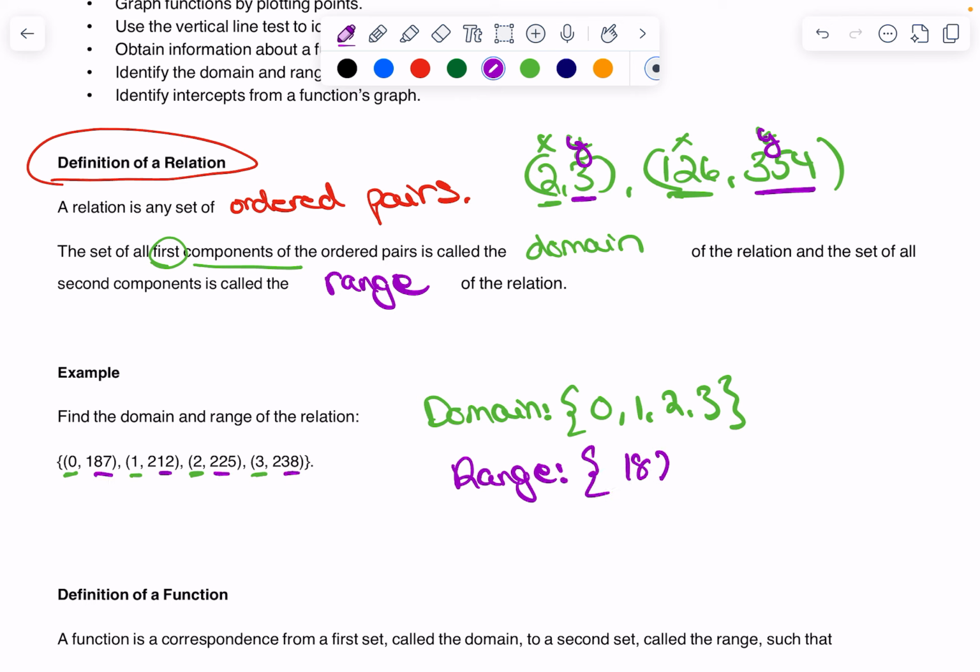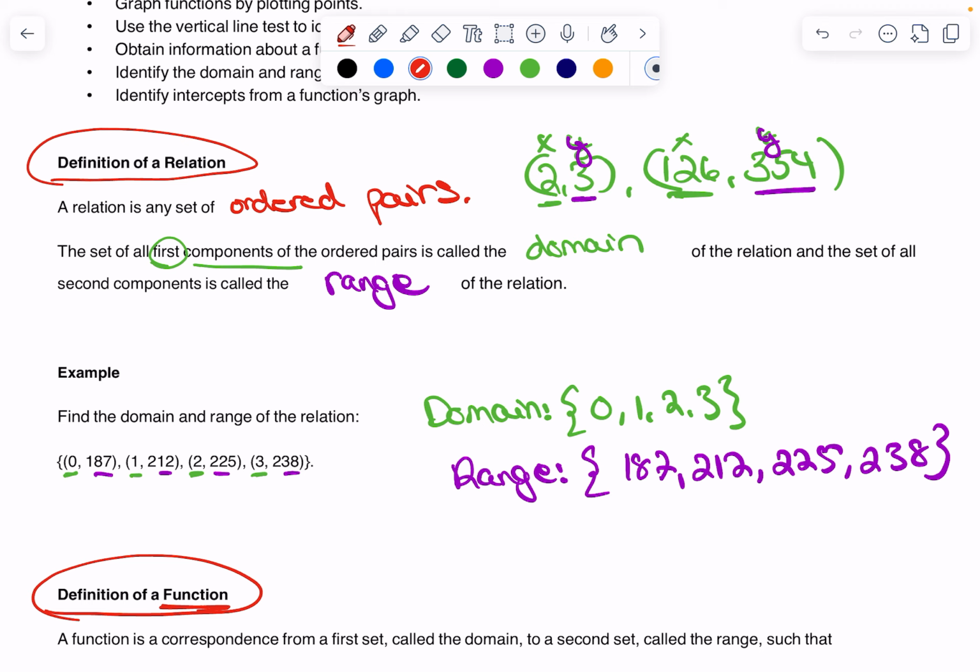All right, next we are going to look at the definition of a function. So we looked at relation, but now we're going to look at a function.